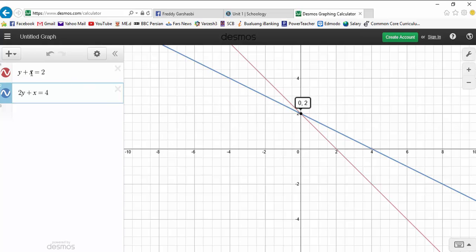If we put x equals 0, then y equals 2. And if you put x equals 0 in the second equation, 2y equals 4, therefore y is 2. So for the same x, they will have the same y value. Therefore, we call it a solution for a system of linear equations.